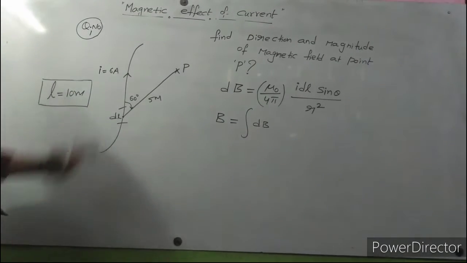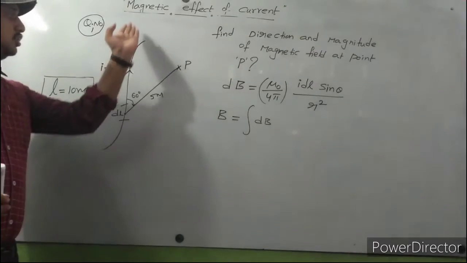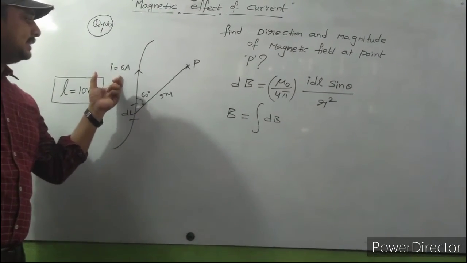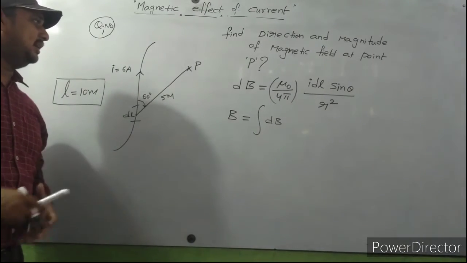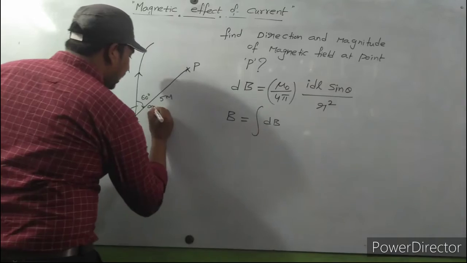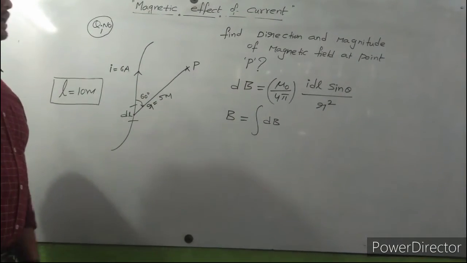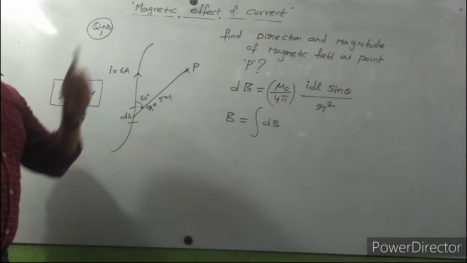The total length of this wire is 10 meter. Please observe carefully. Current passing through this wire is 6 amps. The angle between dl and R is 60 degrees, and here R is equal to 5 meters. So we need to find direction and magnitude of magnetic field at point P.